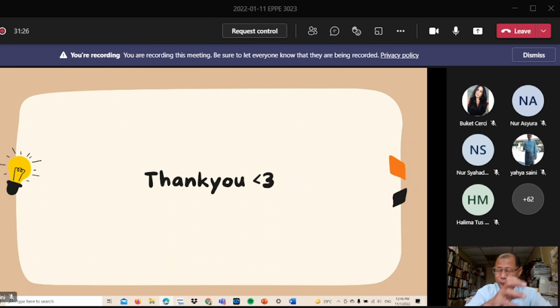Within that current account is the trade account, because we have the trade account of both merchandise and services, and we have the income account and the transfer account.